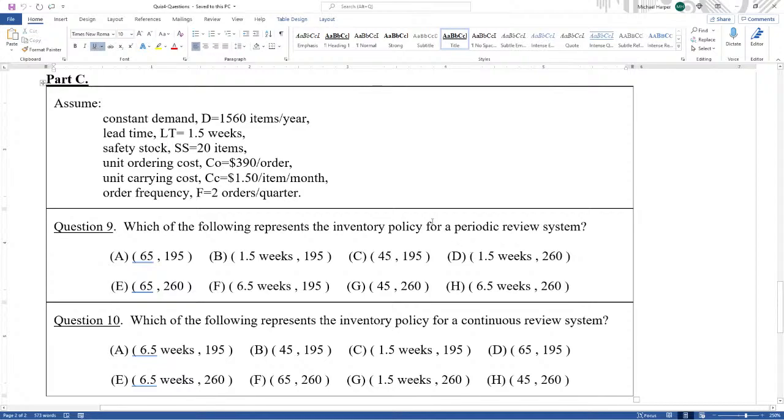Okay, but what you do is you need to calculate the inventory period in weeks, the lot size based on your lead time, safety stock, ordering cost, carrying cost.